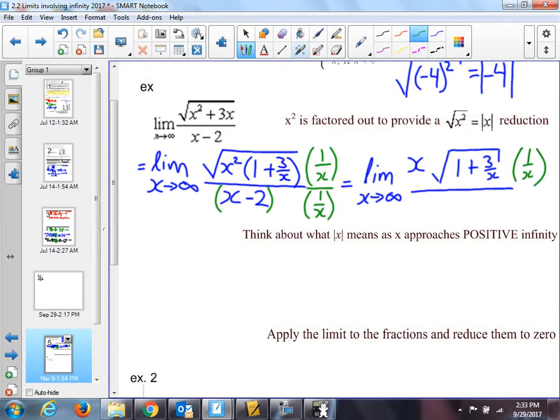Where does it make more sense to put this? Don't push it into the radical. Okay, so that's there. I think you see what happens with that. Next, the bottom turns into, well, 1 over x times x, and then 1 over x times minus 2. So 1 minus 2 over x.